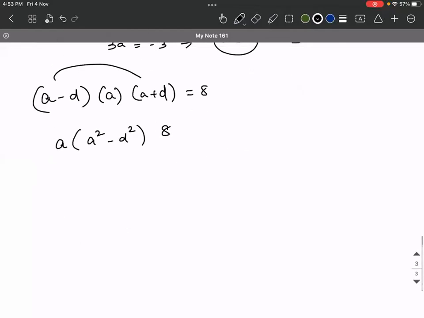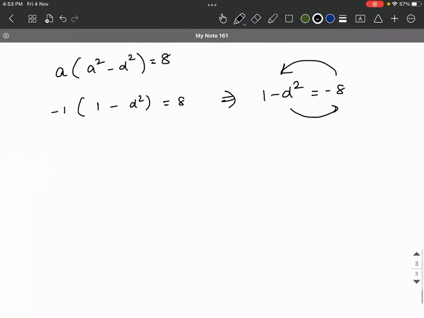But A is how much? Minus 1. So minus 1 into 1 minus D square is equal to 8, which implies 1 minus D square is minus 8. Bring minus 8 to the left and D square to the right. 9 will be equal to D square, which implies D is equal to plus or minus 3.